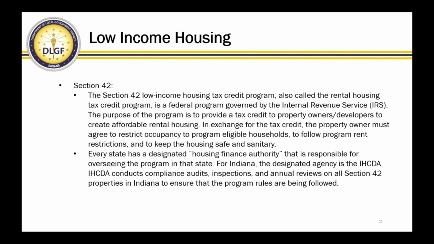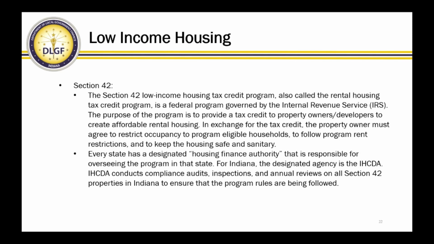The other low-income housing type of property is Section 42, and I think that gets most of the attention if you were to poll individuals about low-income housing properties. They have probably heard more about Section 42 properties versus Section 8 properties.